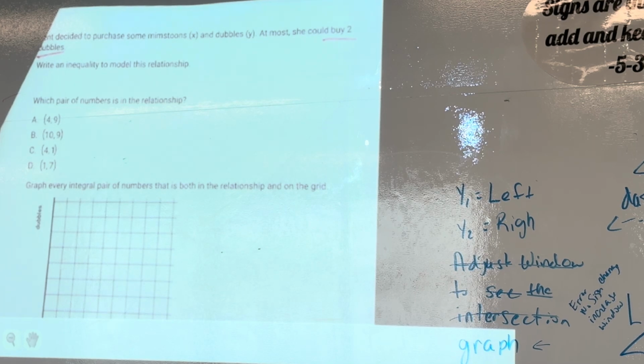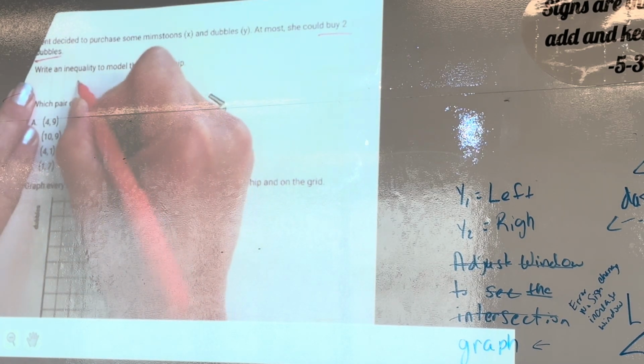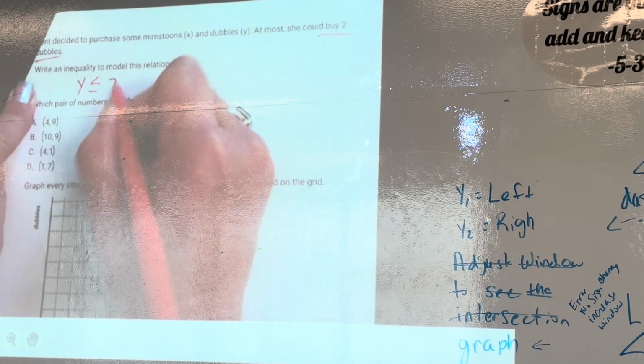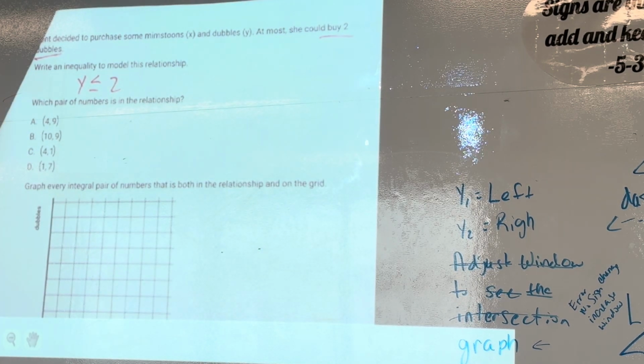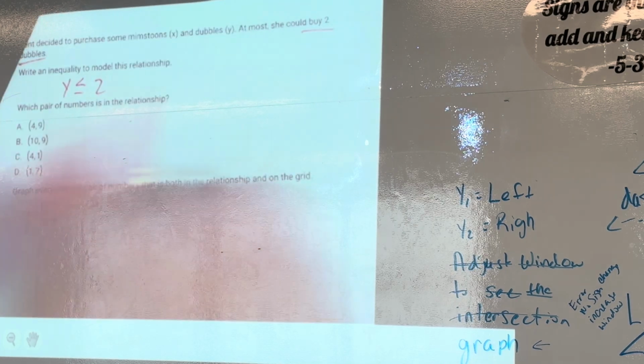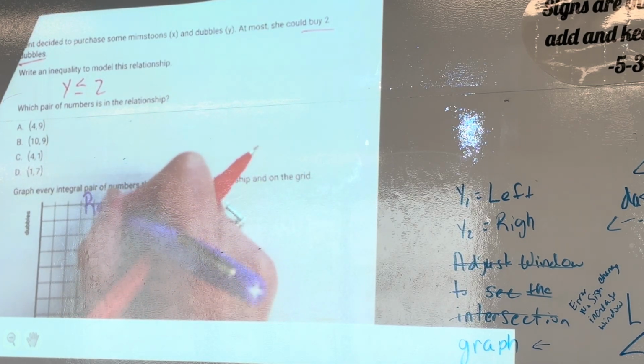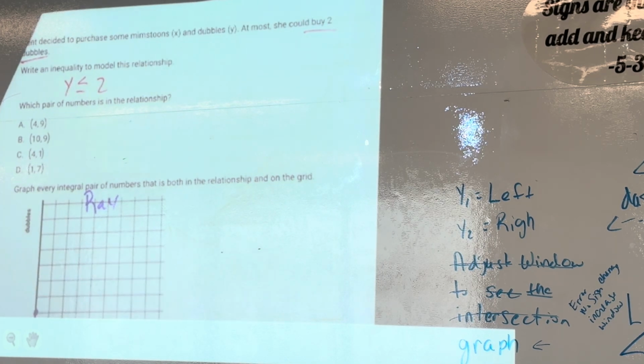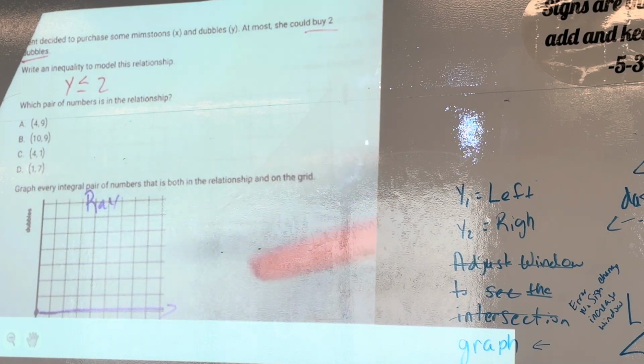What does "at most" mean? Less than or equal to what? 2. Okay, and so this one is also going to be a ray. And we're going to have 2. Which way are we going to shade? Down, bottom.